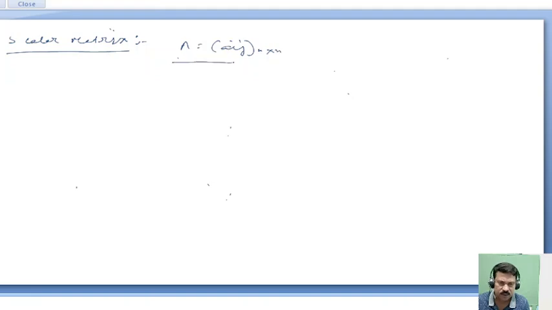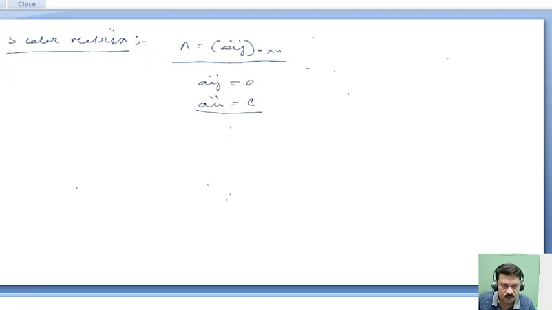This is obviously a square matrix, and here Aij equals to 0 for i not equal to j and Aii equals to C, one term. This type of matrix is called scalar matrix.